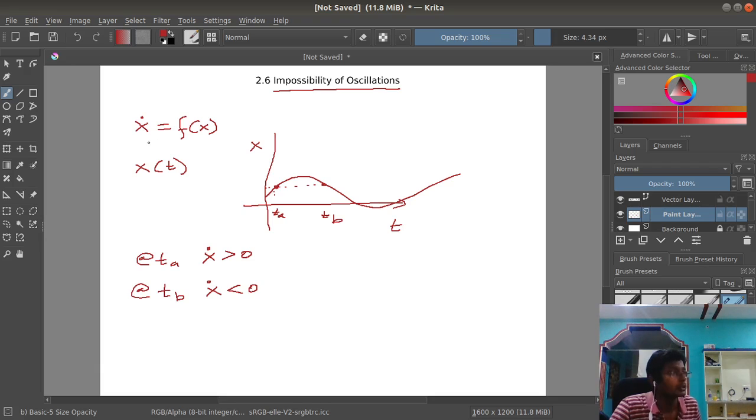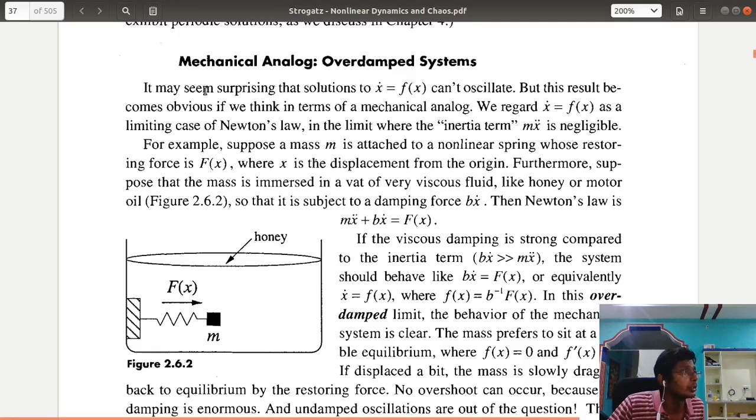Okay, so that's what I want to explain in this video. And in this book they have given a mechanical analogy, which is an overdamped system, in order to explain that it is not possible to have an oscillation.